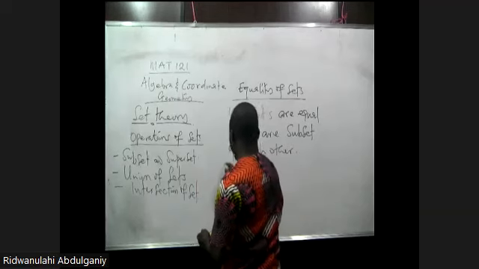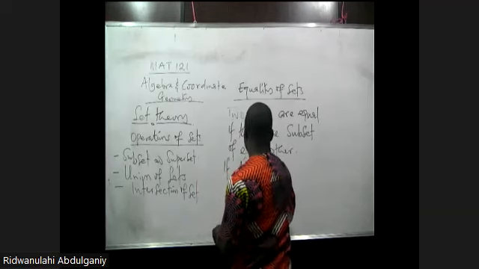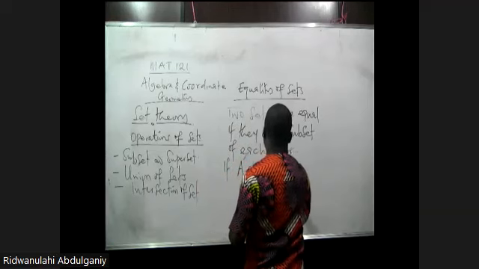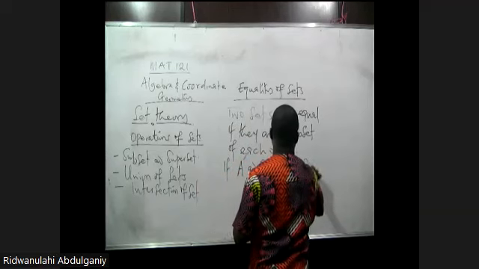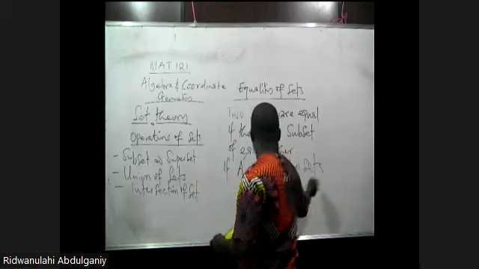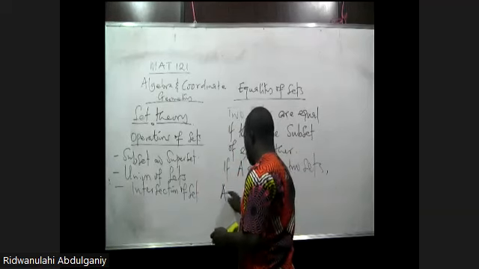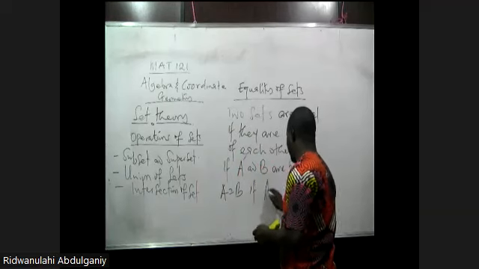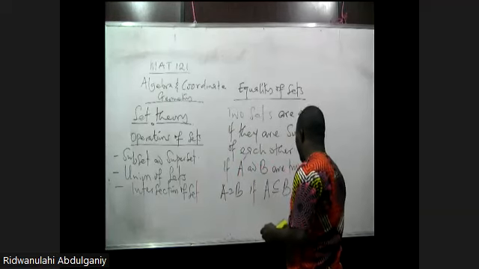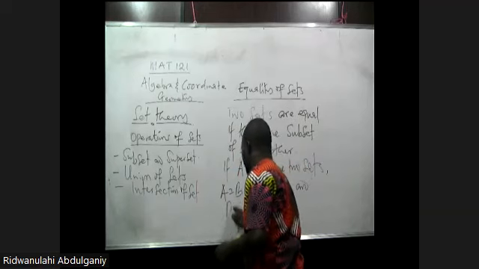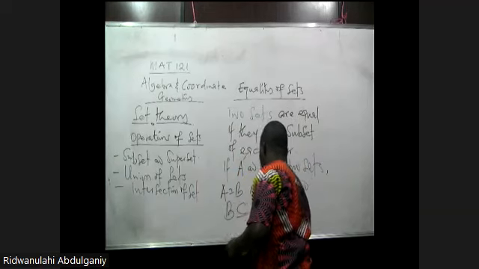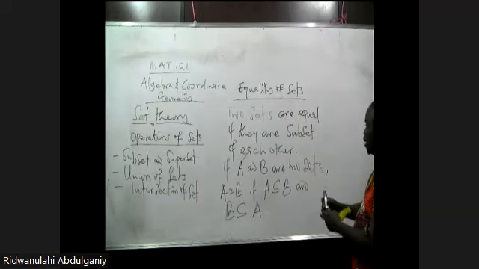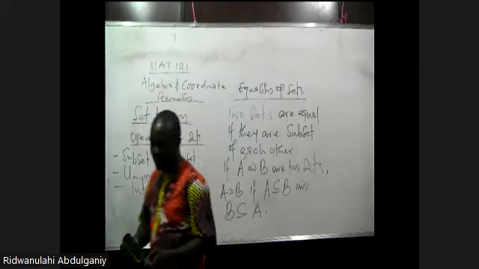Full stop. If A and B are 2 sets, A equals B if A is a subset of B and B is a subset of A. That is when we claim that the 2 sets are equal.